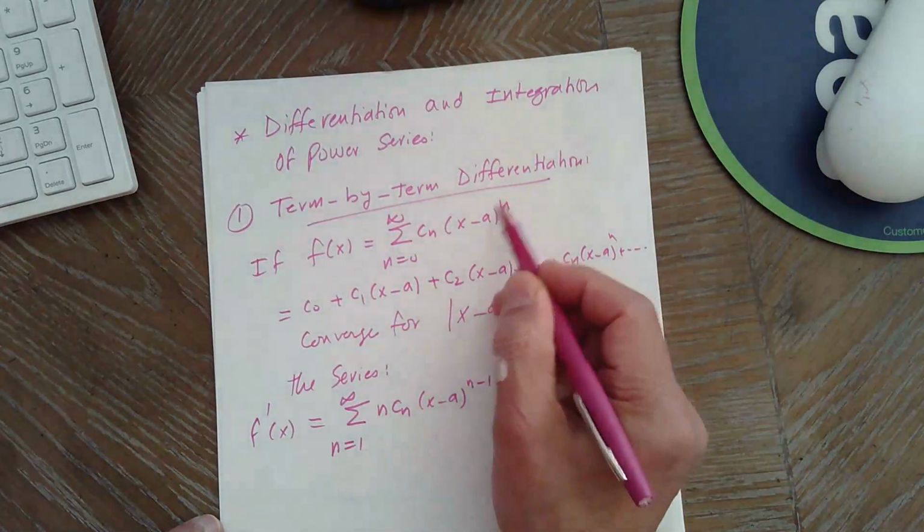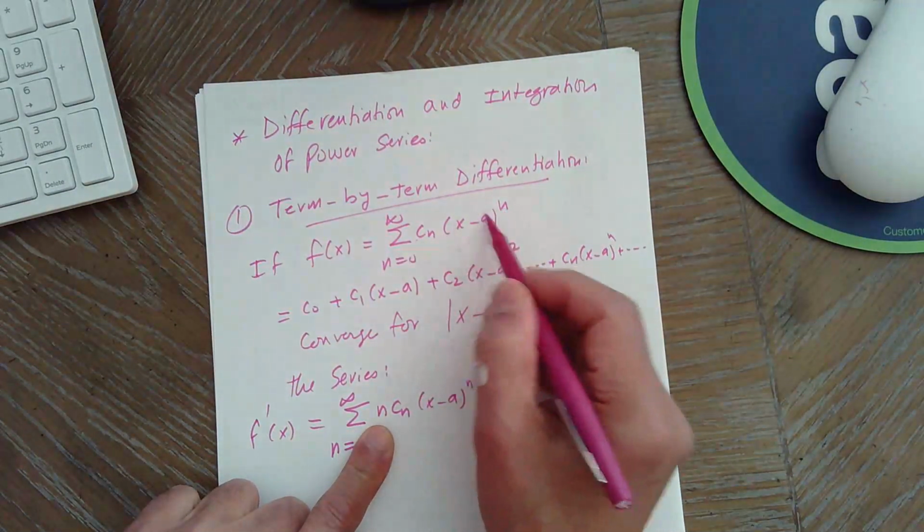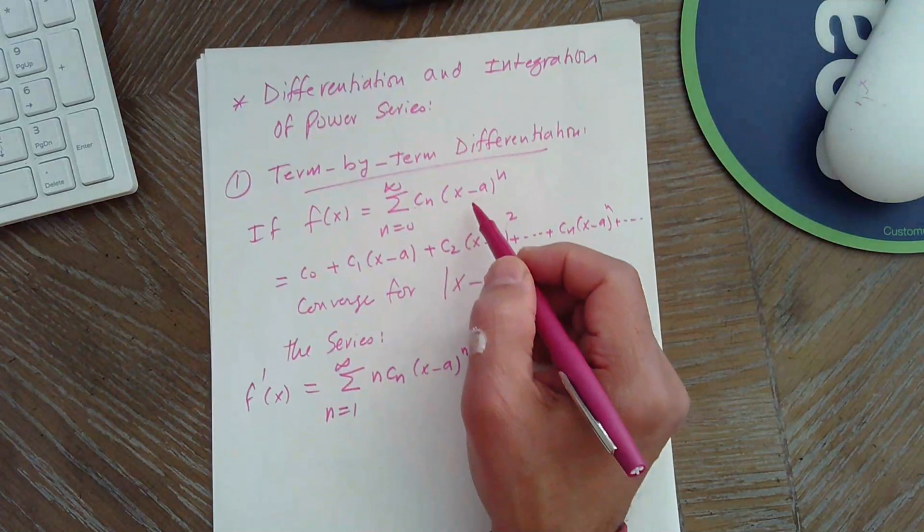Again, you take the power, times it by Cn, and then subtract 1 from the power, and then times the derivative of x minus a, which is 1, the power rule.